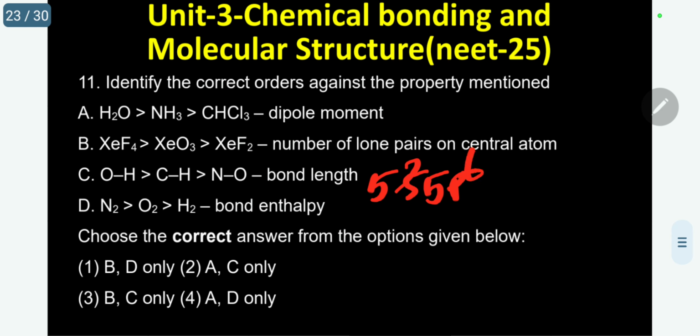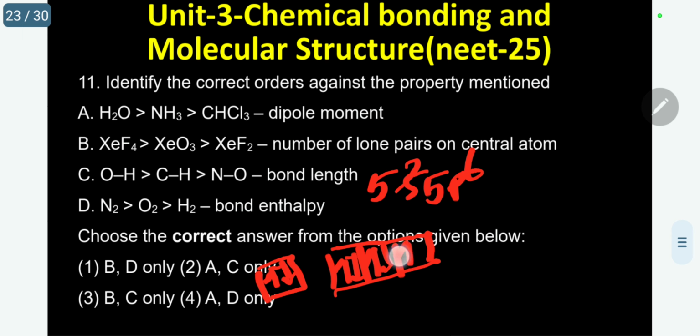In terms of the diagram, this is 5p, 5s. Here 5s2 is filled, 5p is filled, and 5d is empty.